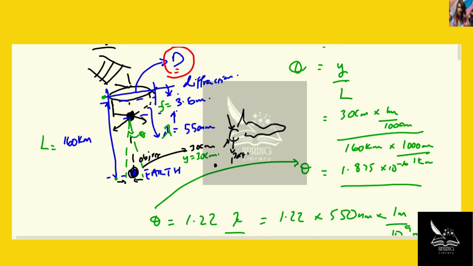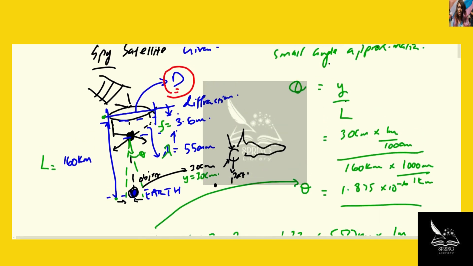So once again, in this problem we wanted to find the diameter of the lens of a spy satellite, where the distance between the satellite and an object on the ground is 160 kilometers. The object itself is 30 centimeters in size. The satellite can get the size of a port on a plane flying in a specific direction. Our focal length is 3.6 meters, and lambda is 550 nanometers.